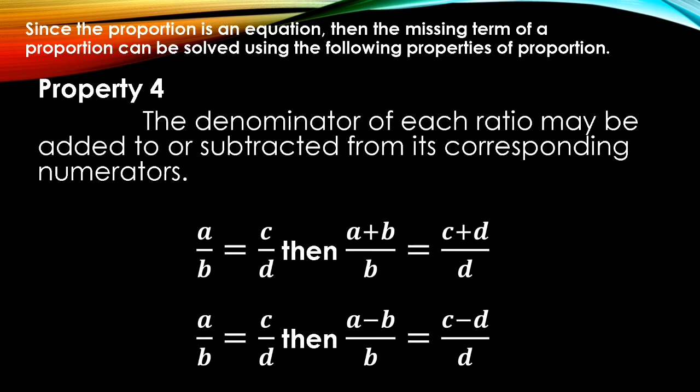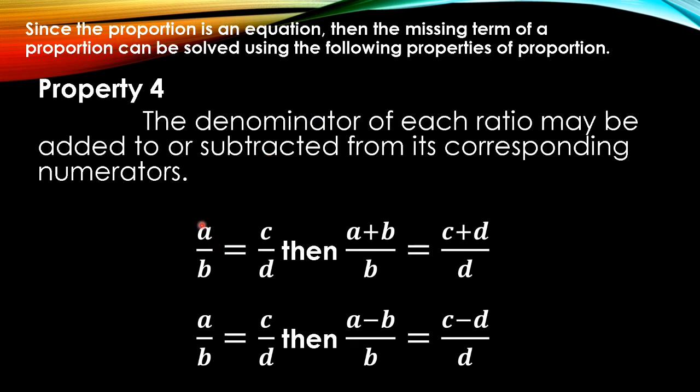Next property, number 4, our last property, bago tayo magbigay ng mga examples. So, the denominator of each ratio may be added or subtracted from its corresponding numerators. So, kung nakikita natin, yung denominator daw ay pwede natin i-add sa numerator noong bawat ratio.